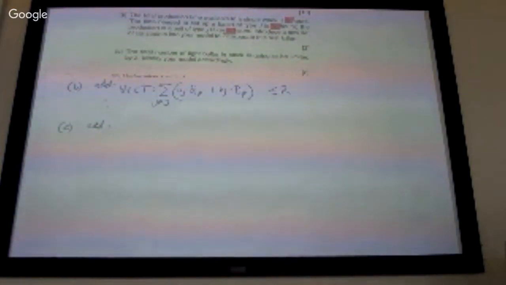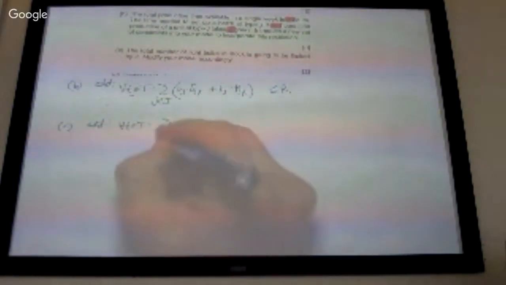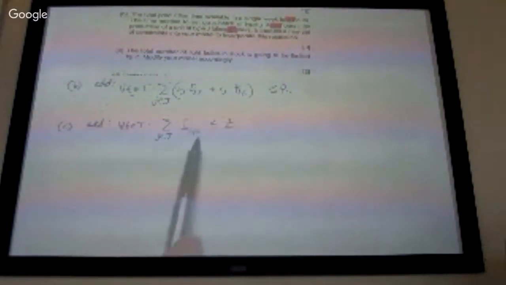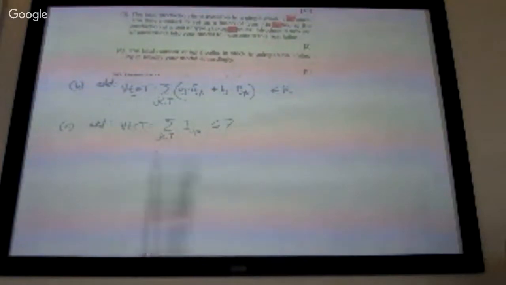It's limited at every week. Every week, the total number of light bulbs we have is no more than 7. Okay, end of constraints, another 2 marks.